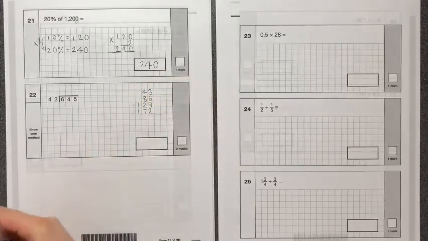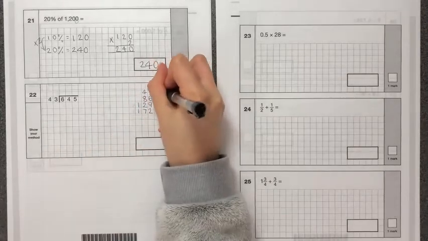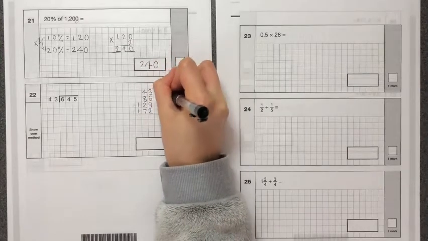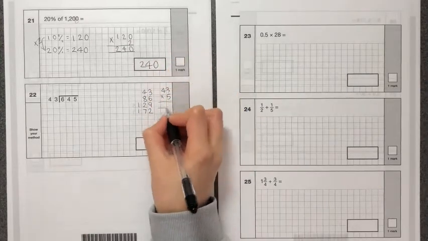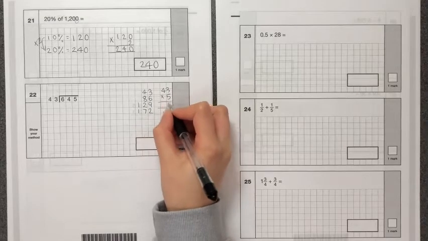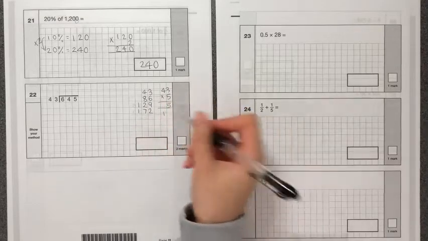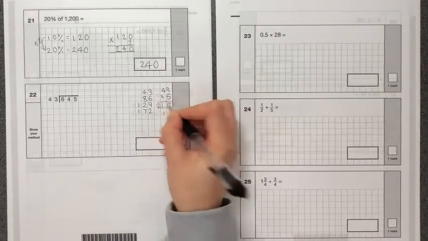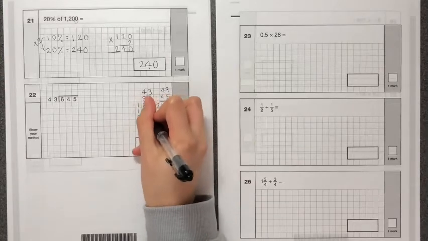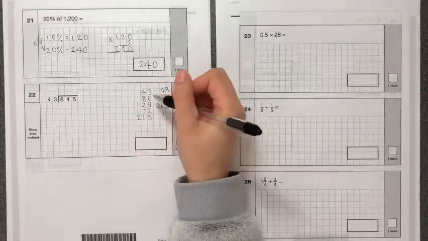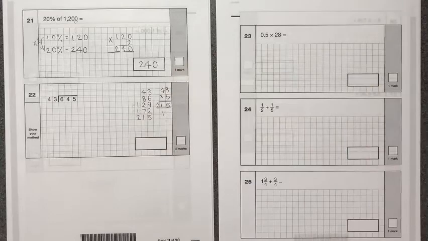And for 43 times 5, I'm just going to work that out quickly. 5 times 3 is 15, 5 times 4, 20, plus the 1, 21. 215. I personally like to work it out like this, up to the 5 times table, and it makes working out a lot easier.